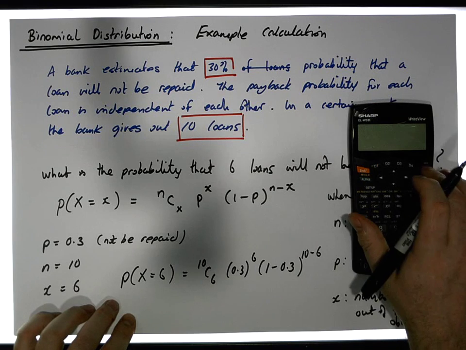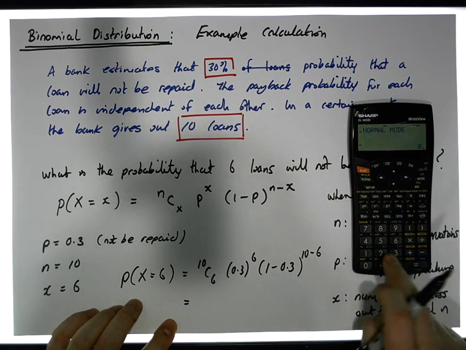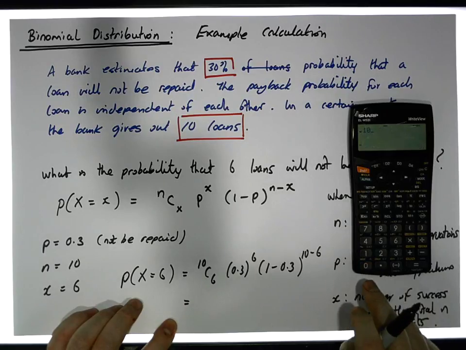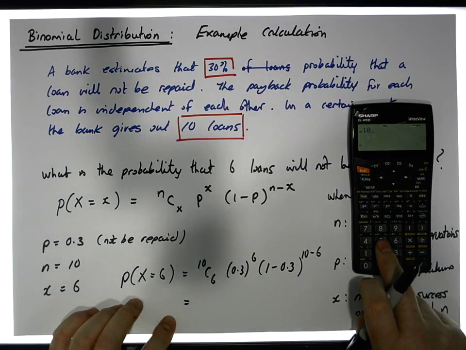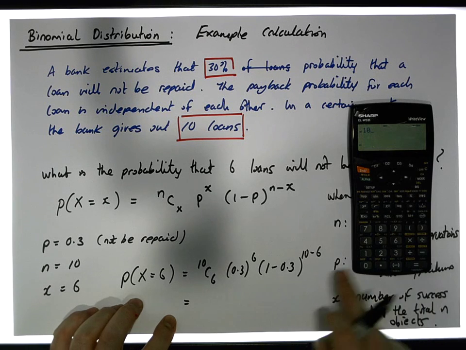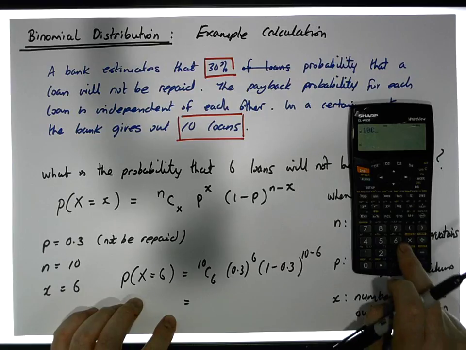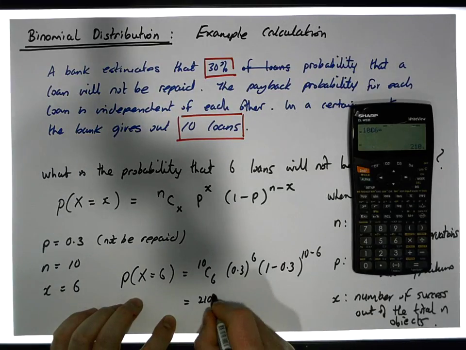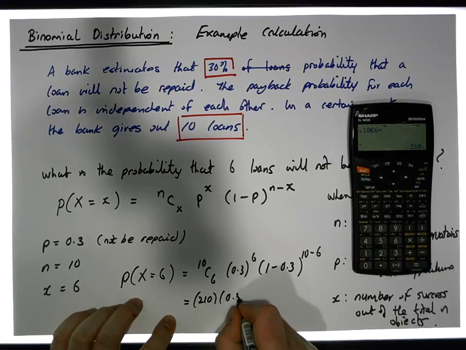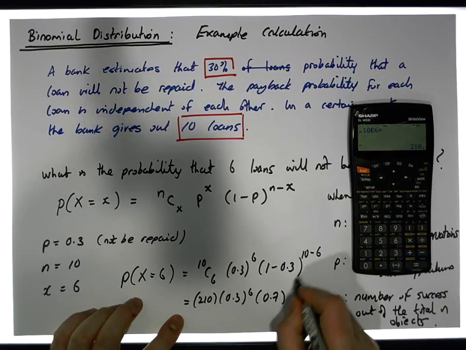Now, we could do all this in one go on the calculator, but maybe we'll do it in stages. 10C6, on my Sharp calculator, I put in 10, second function, the 5, to get the C. 10C6 gives us a value of 210. And that's times 0.3 raised to the power of 6, times 1 minus 0.3, which is 0.7, raised to the power of 10 minus 6, which is 4.